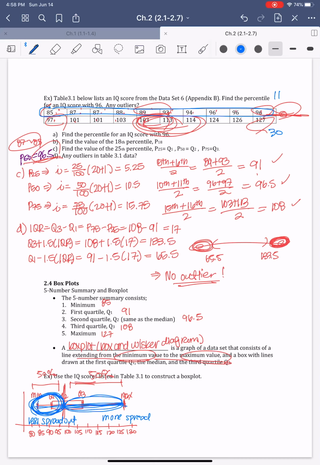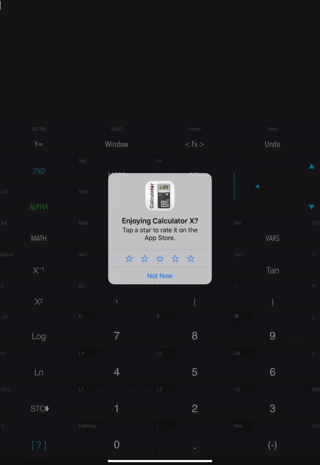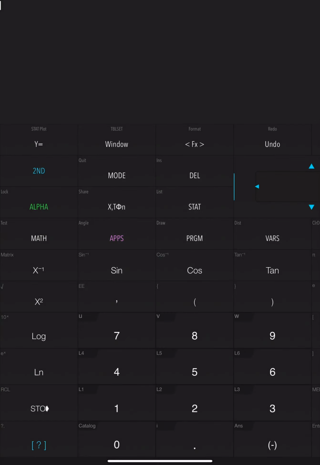But now I'm going to show you a better way to calculate these Q1, Q2, Q3 with your graphing calculator. So we did it by hand. Now you can use a calculator to calculate these. So I'm going to open up this app. This is like the 84 app. If you have an actual 84 calculator, you can use that too.